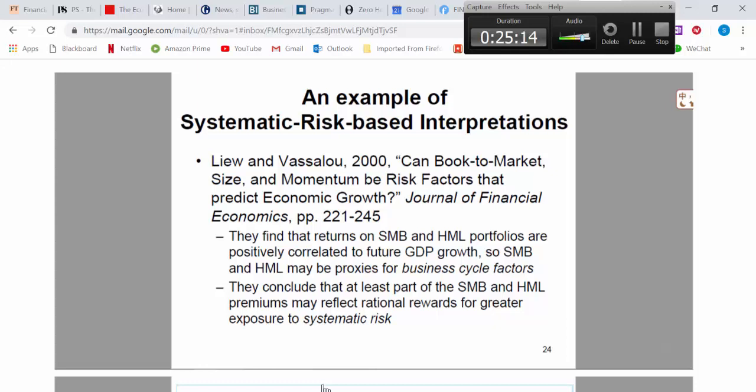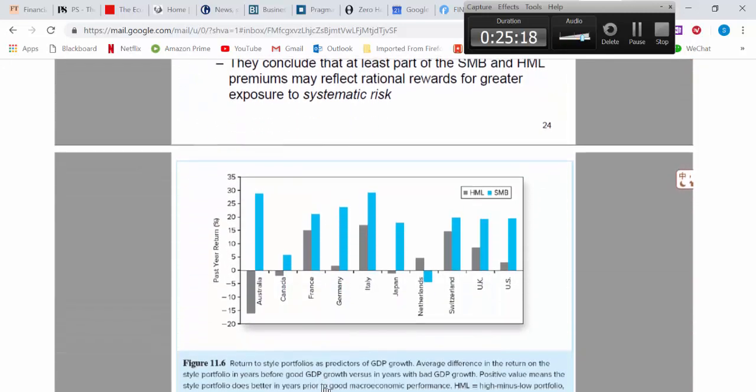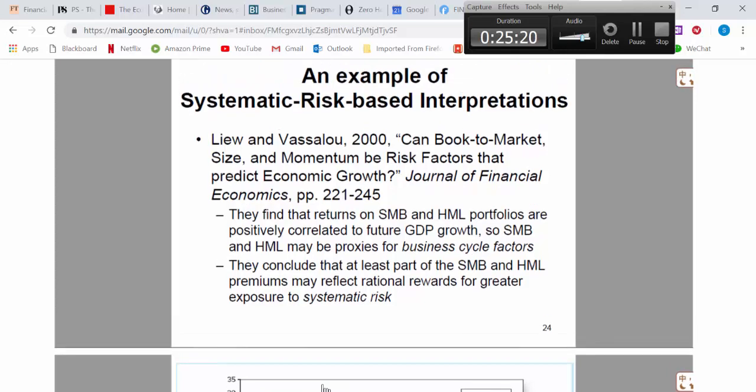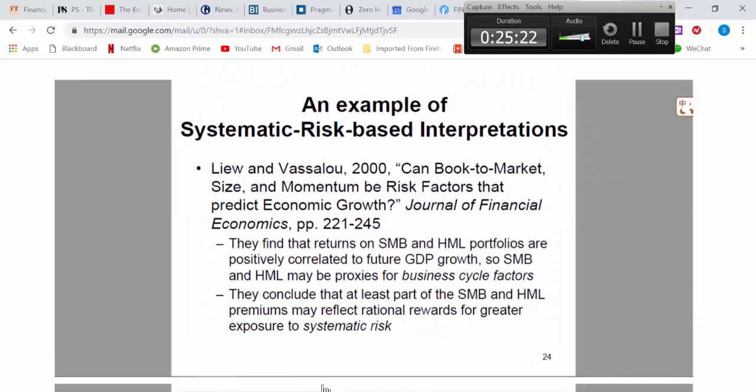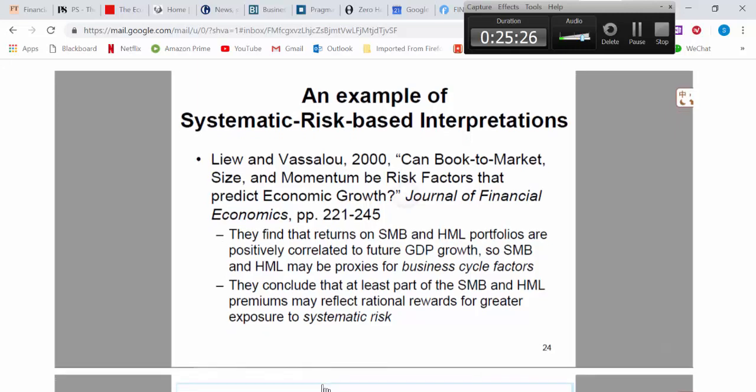It seems to be seasonal, in other words. I'm using that word. If it's seasonal or cyclical, if you like, then maybe it is not the factor itself. Maybe these stocks just have high beta.